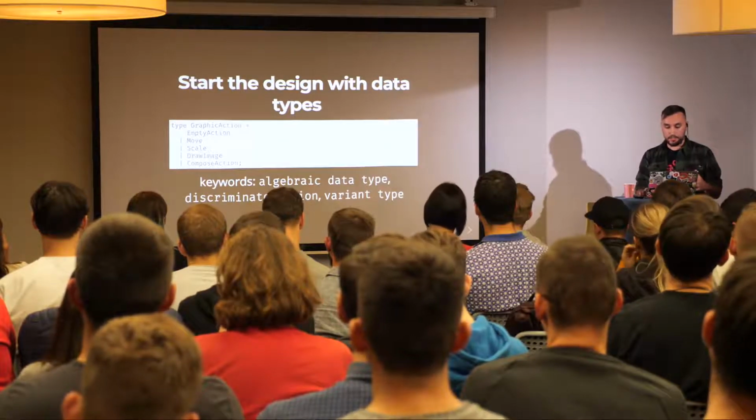So the idea is that first of all, from those specific actions, you can compose some kind of tree, some nested structure, and it will also have the graphic action type. Why do we do that? Because for our runtime, we will have to parse this structure back.